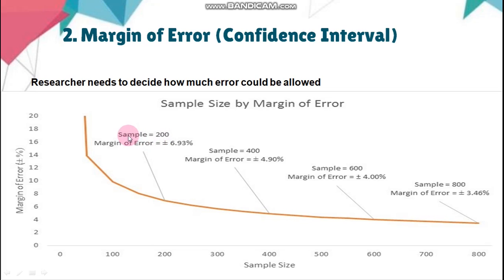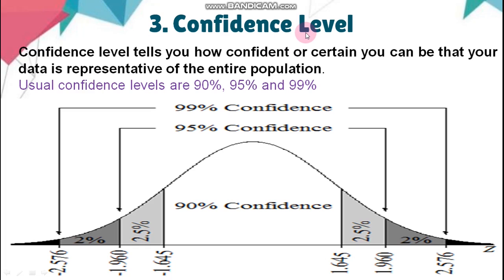Here, if the researcher took 200 samples, the margin of error will be 6.93%. If he chooses 400, the margin of error will be reduced somewhat. If the sample size is 800, the margin of error is 3.46%.